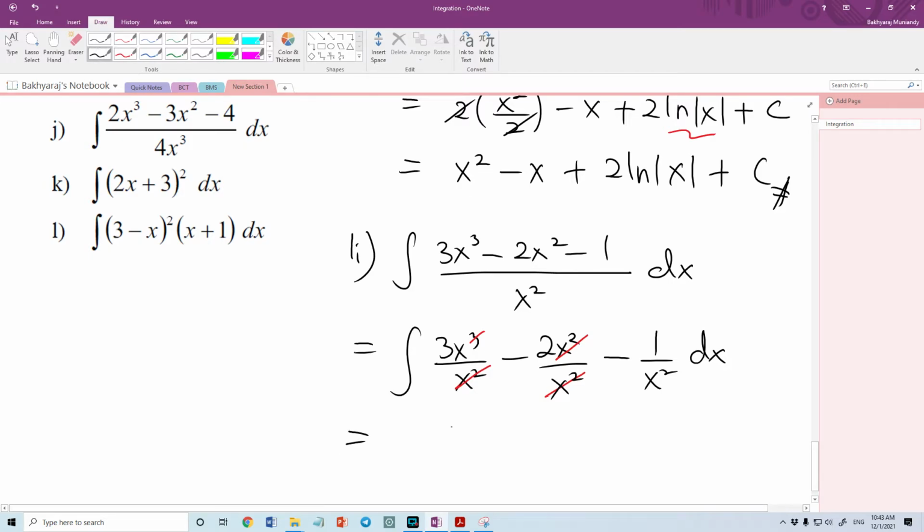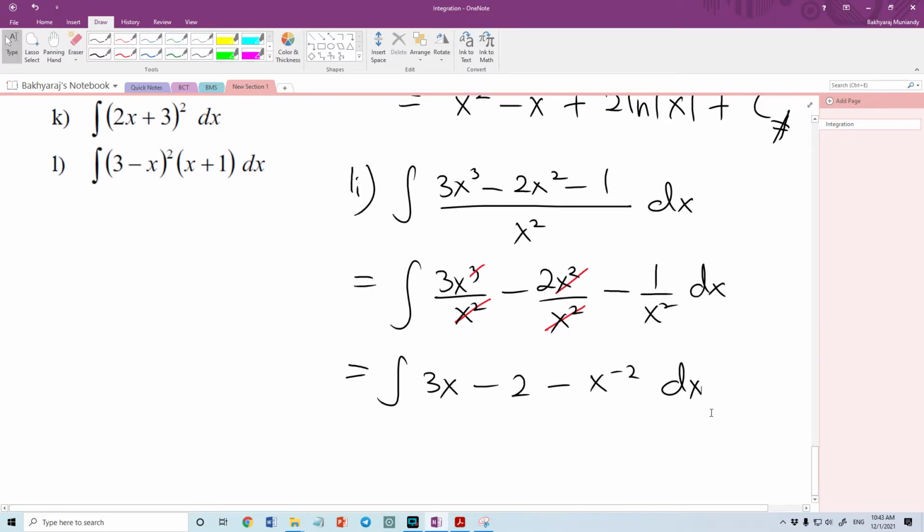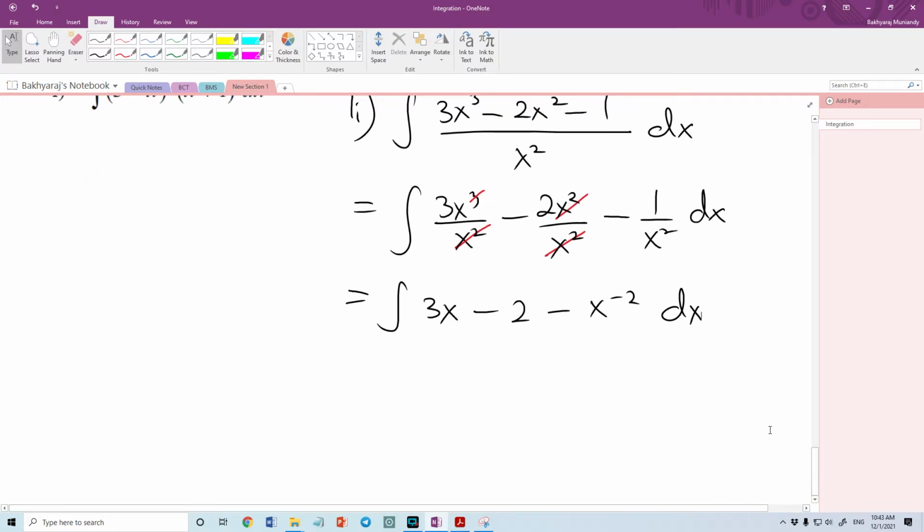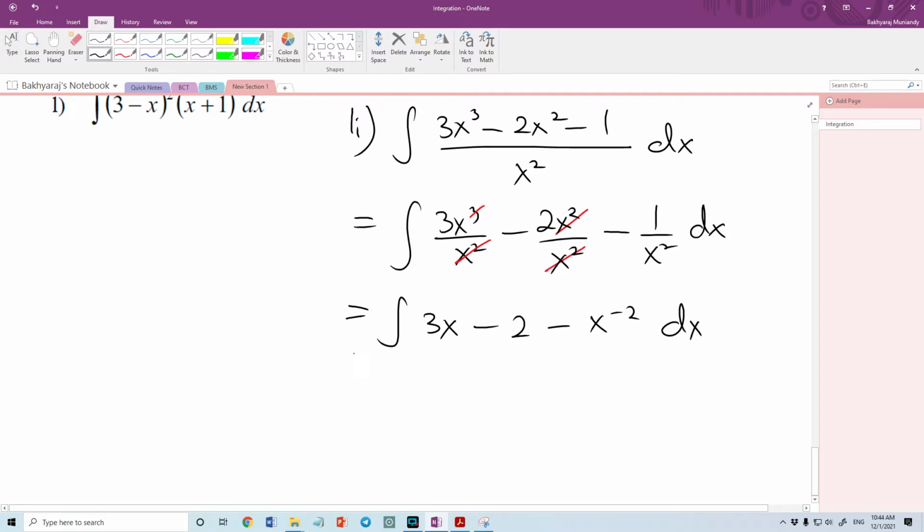Now I'm going for the integration. Before that, let me simplify this. Here I get 3x minus 2 minus, make it a negative power, you get negative 2. Now we can go for the last answer.